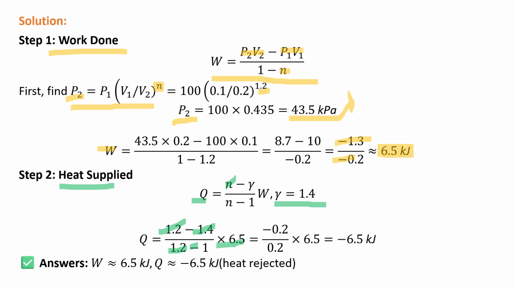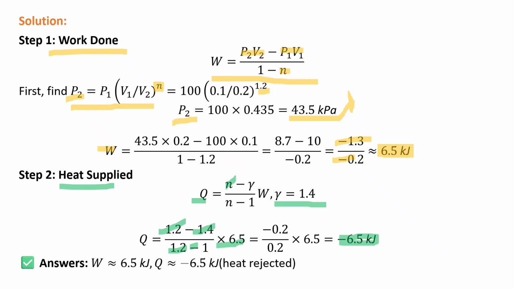So we will get the value of Q as negative, minus 6.5 kilojoule. But in the final answer you cannot write Q equals minus 6.5 kilojoule. What you have to write in the answer is the W value, that is 6.5 kilojoule, and the Q value is 6.5 kilojoule, heat is rejected.